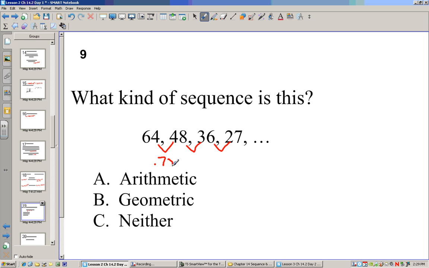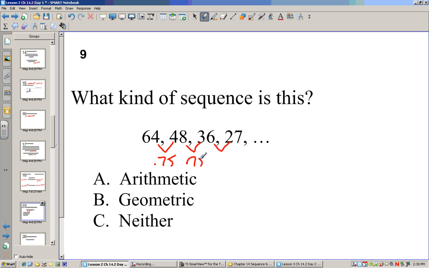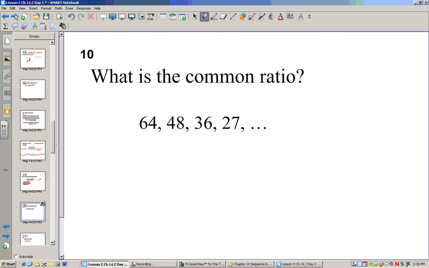That's 0.75. Let's do 36 divided by 48. That's also 0.75. And 27 divided by 36 is also 0.75. So our common ratio here is 0.75. So that means it's a geometric sequence.